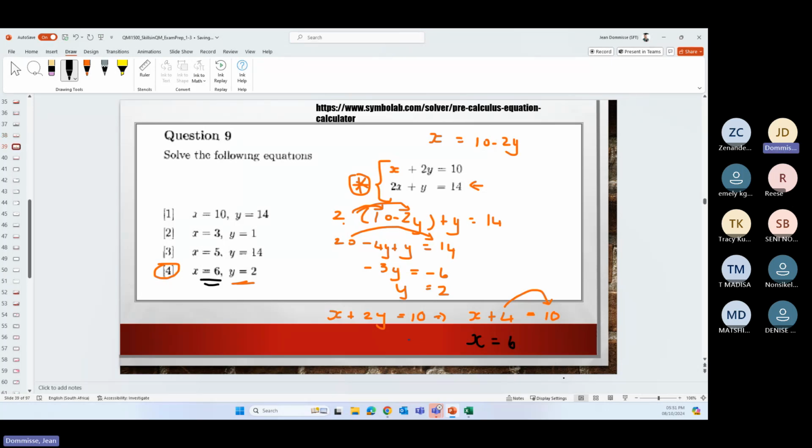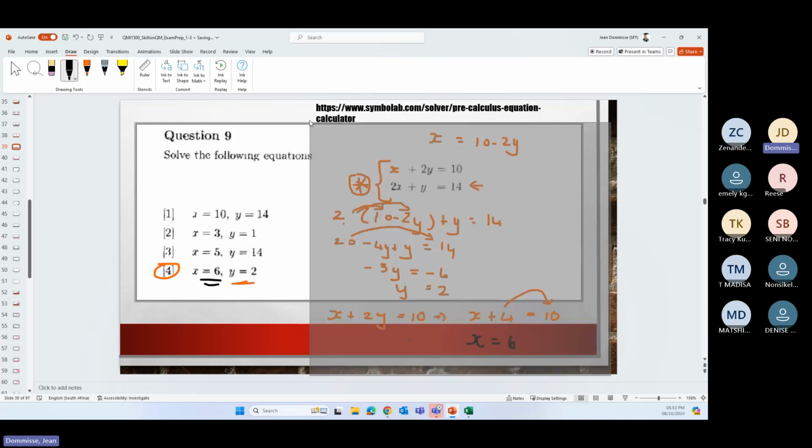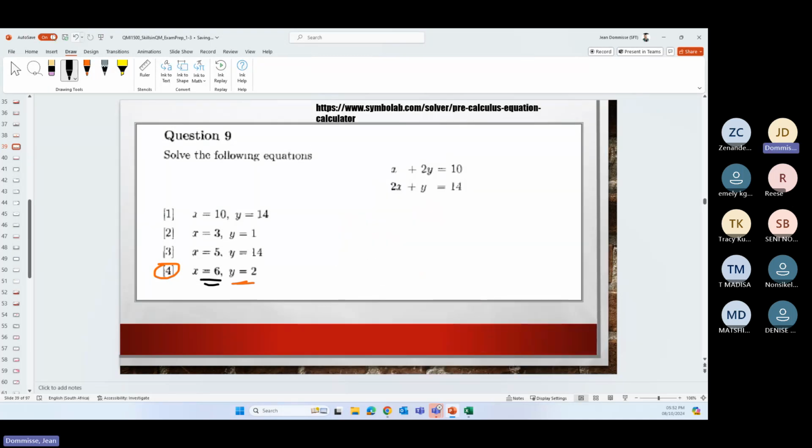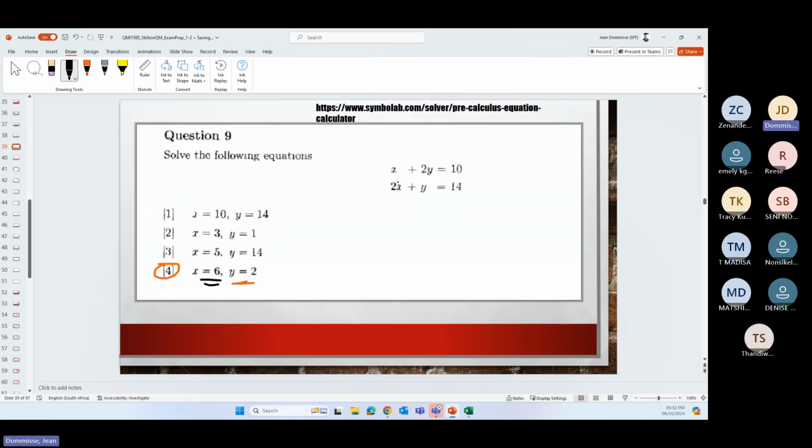Another way to do it is to not substitute, but to say, how can I make it that when I add the two formulas, or if I subtract the two formulas, I can eliminate something in it?